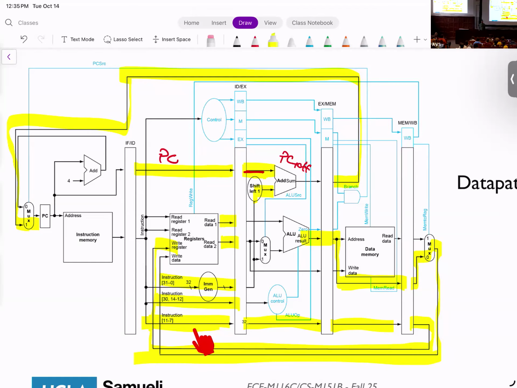Any other questions? As you can see now, for example, look at this signal here, ALU source, right? ALU source is still coming from the controller, but from the controller signal that was computed in the previous cycle.